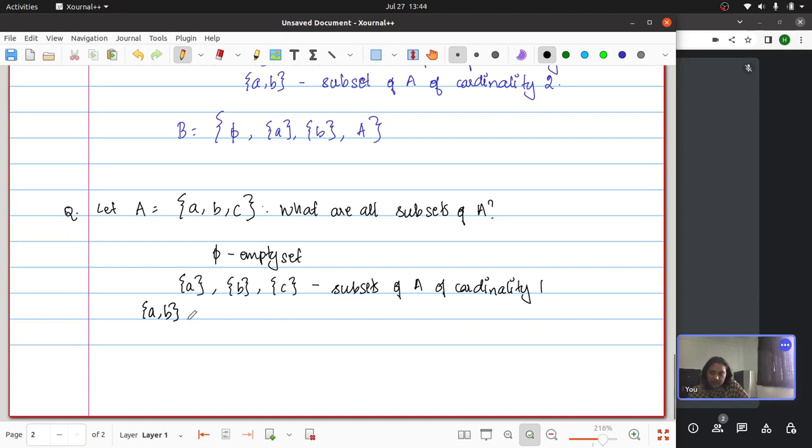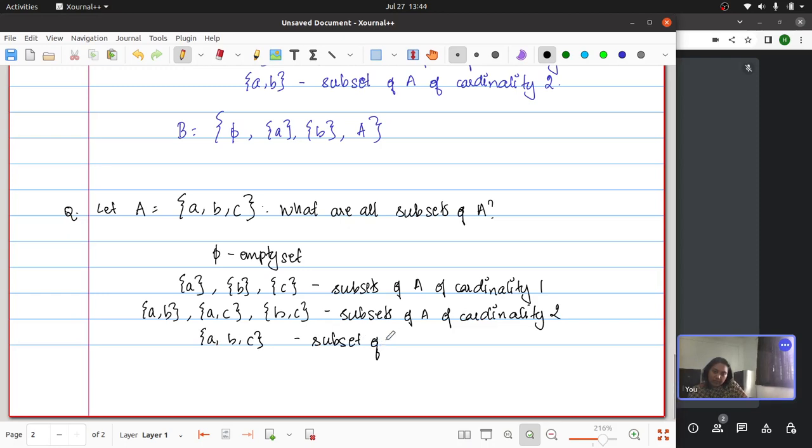So we can have {a, b}, {a, c}, {b, c}. And finally we have the set of cardinality 3, which is only one possibility.